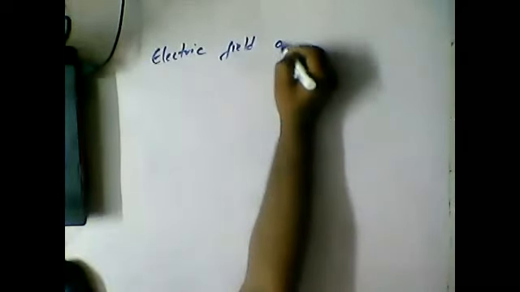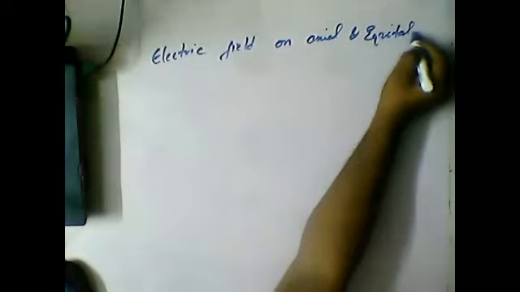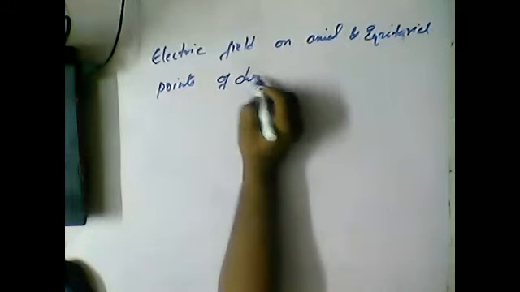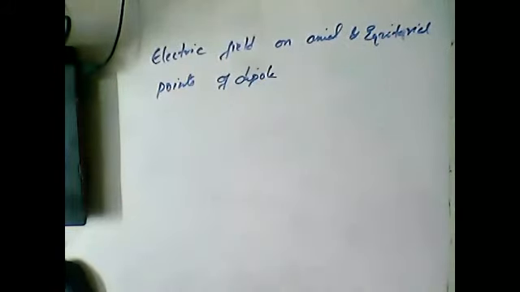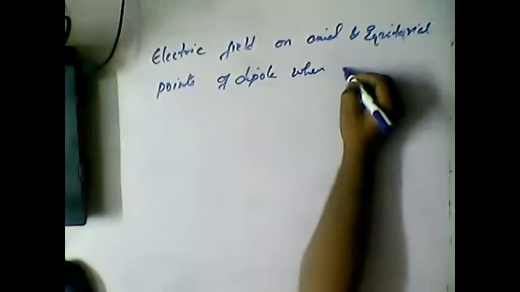Okay, electric field on axial and equatorial points of a dipole when a is very much less than r.